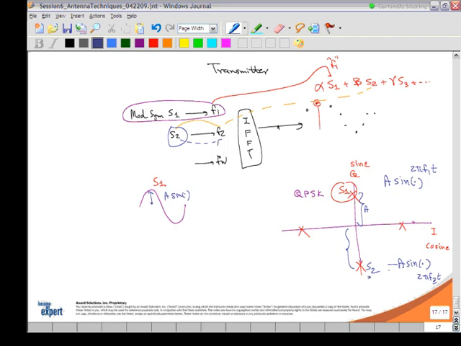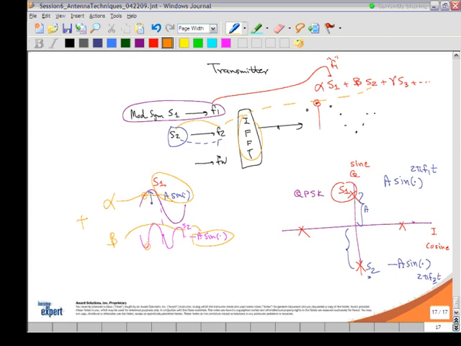However, S2 is negative sine wave, so it would be something like that, minus A sine wave, S2. So the IFFT is now multiplying by some number, let's say alpha times this A sine wave plus beta times S2, which is minus A sine.